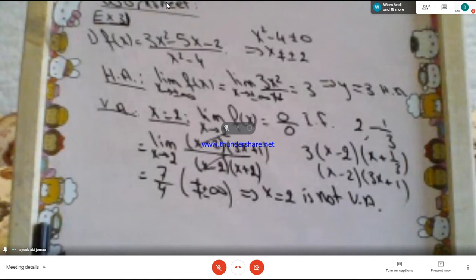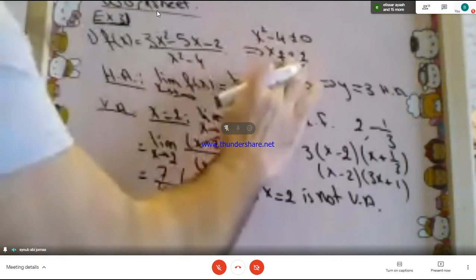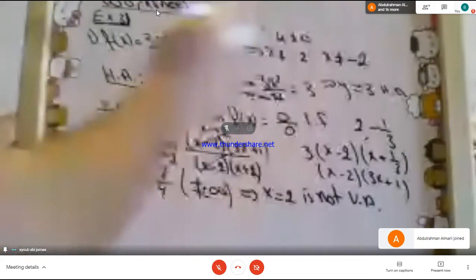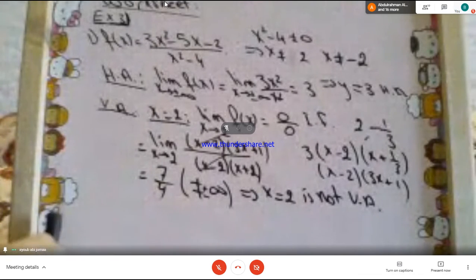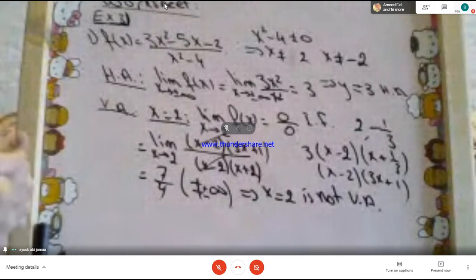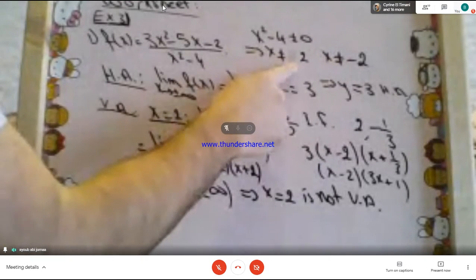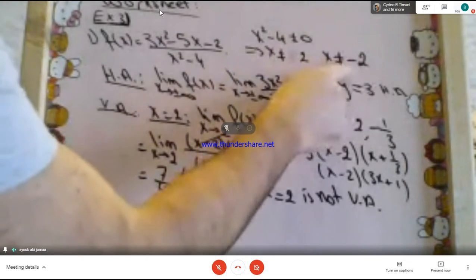Just one moment. And here I got x different than 2 and x different than negative 2. So you have to find the limit as x approaches 2, the limit as x approaches negative 2, from 2 minus or 2 plus, negative 2 minus and negative 2 plus.